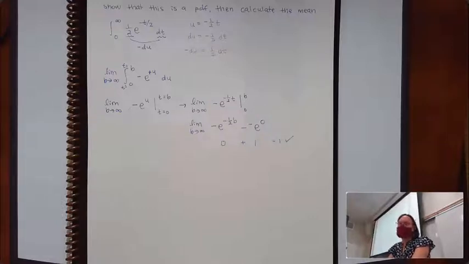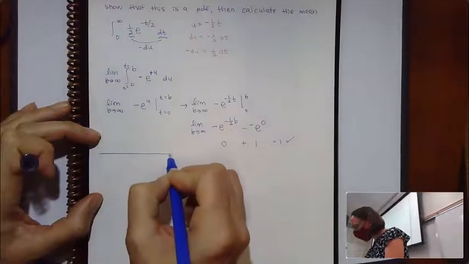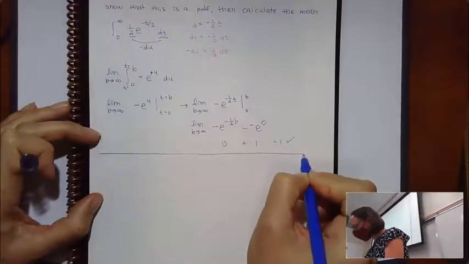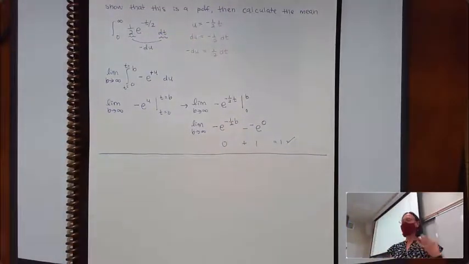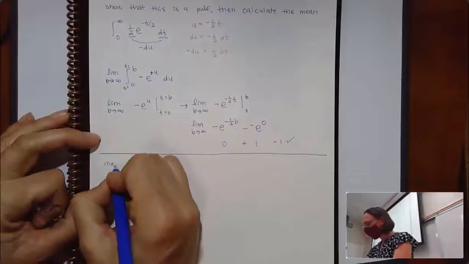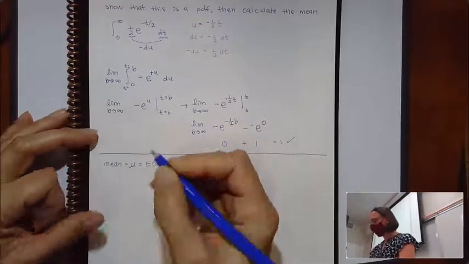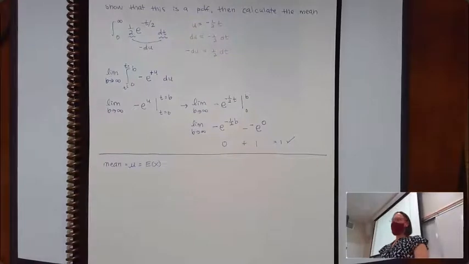Now we're going to calculate the mean. One of the things just to be careful about, and I only did this because the book kind of changes up the variables sometimes. So we're finding that mean, or mu, or the expected value, whatever you want to call it.